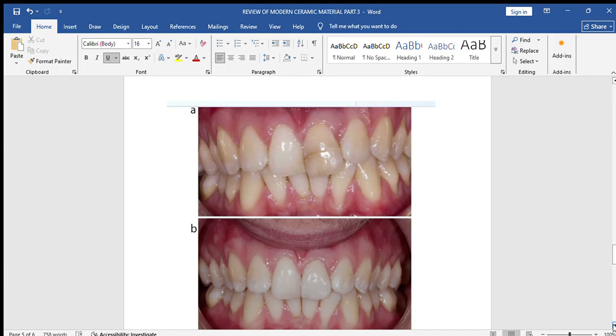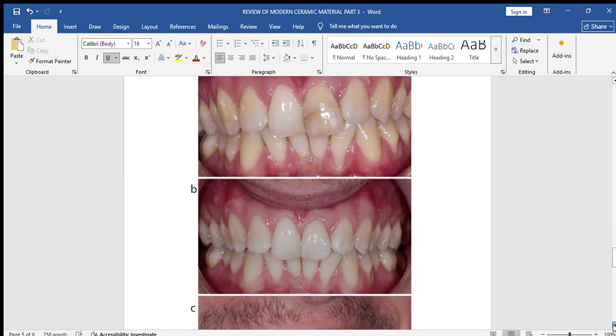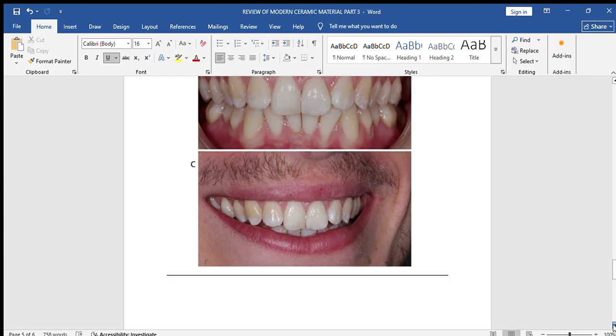Which type of ceramic will you select in this case? Which type of ceramic crown will you indicate in this case, for high aesthetic demand and from a mechanical standpoint? So here we are going to move towards a lithium disilicate crown. Right?